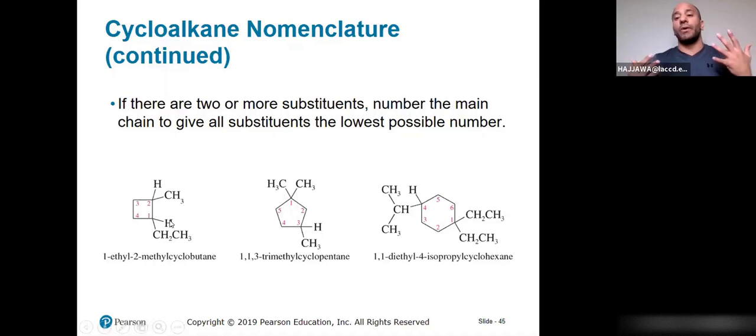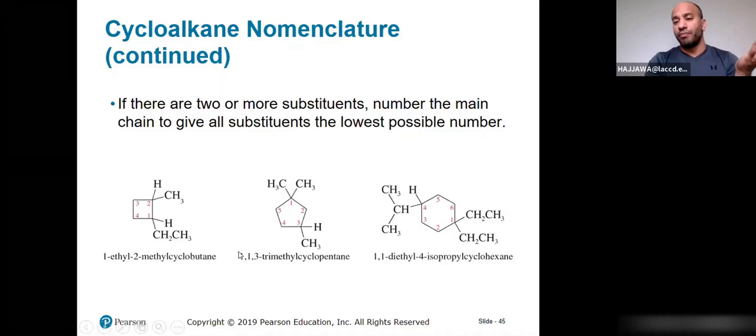If I would have a tert-butyl versus a methyl, tert-butyl will be first. If I would have a tert-butyl and an ethyl, tert-butyl will be first. So keep in mind that you're always going to have the alphabetical order determine the numbering if I have two substituents in the ring. So in this case, I'm going to have ethyl and methyl, so 1-ethyl-2-methylcyclobutane.